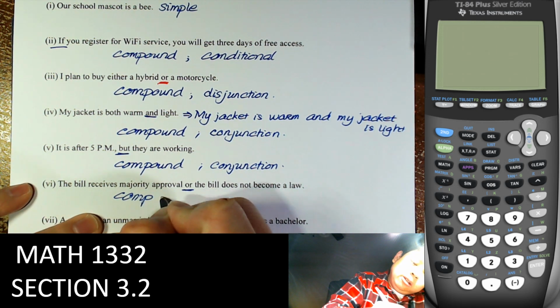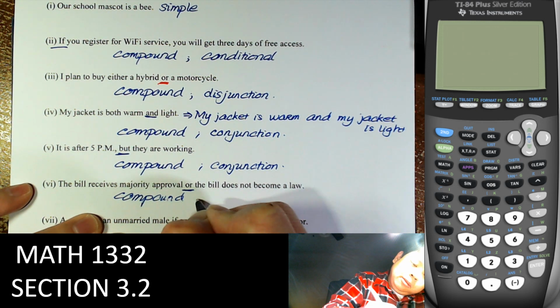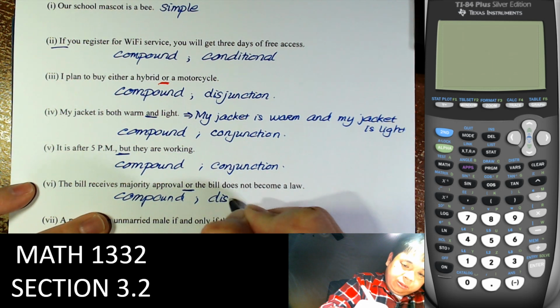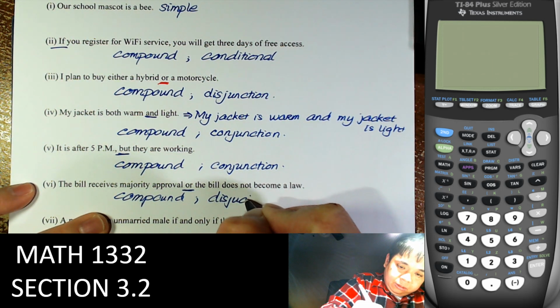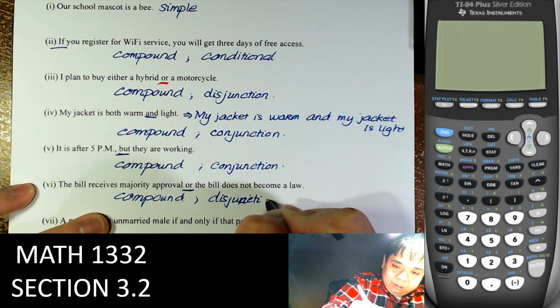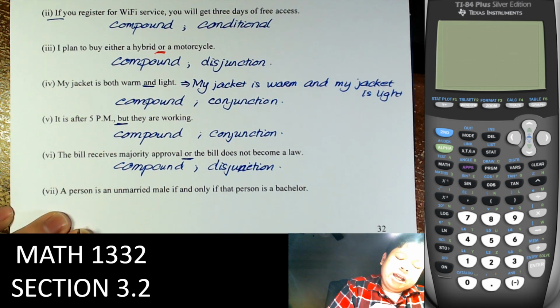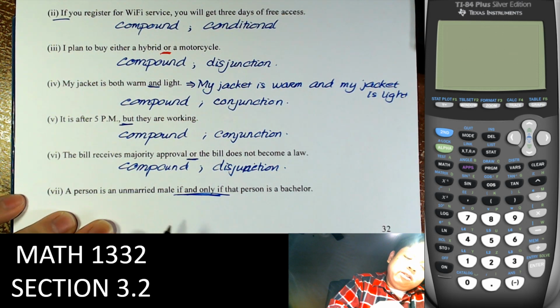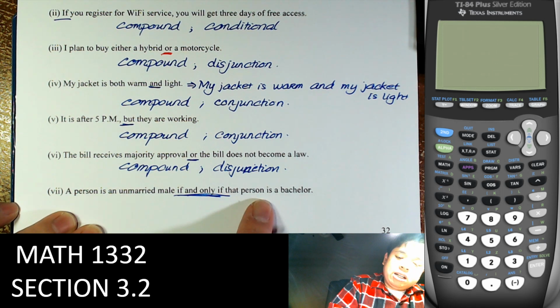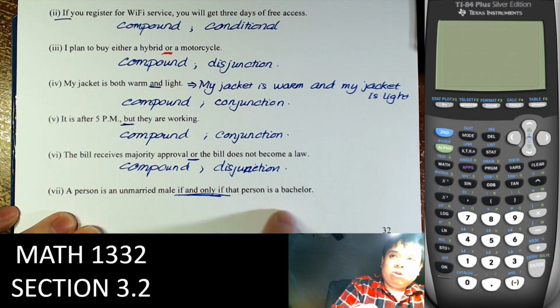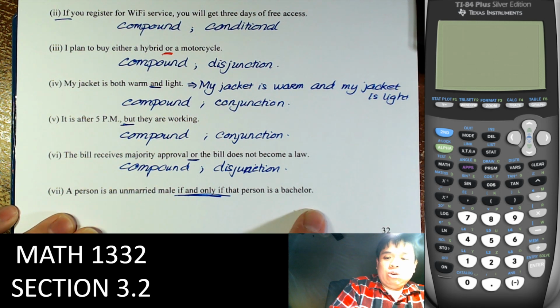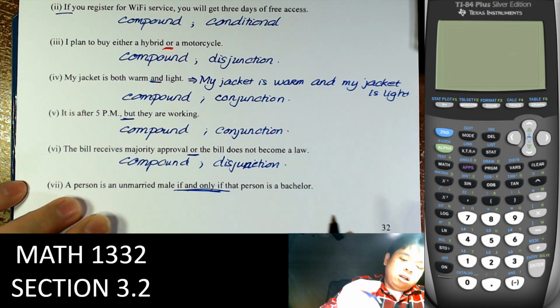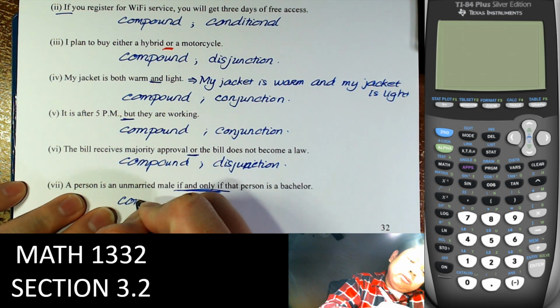Compound, disjunction. And the last one, where we say if and only if a person is an unmarried male, then he is a bachelor, and a bachelor is an unmarried male, so they go in this direction and that direction and back. So this is the biconditional.